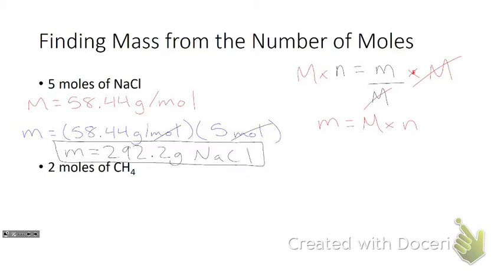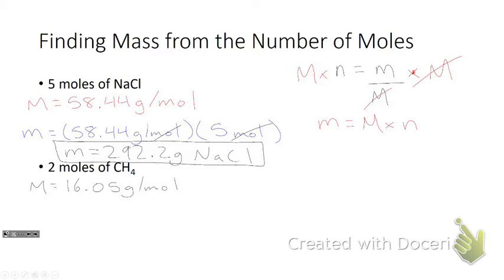Same thing. A couple slides ago, we calculated the molar mass of methane to be 16.05 grams per mole. And we're looking for the little m. What is my n here? 2. Okay, we have 2 moles. Little n is the number of moles.